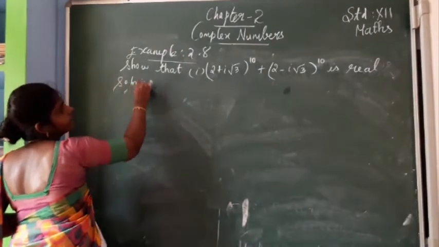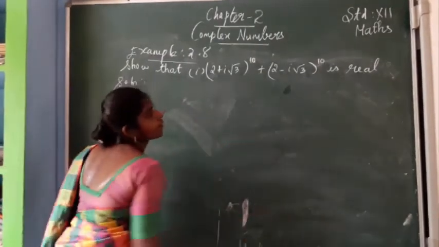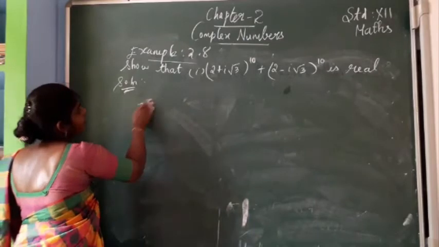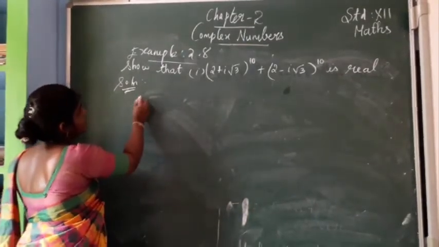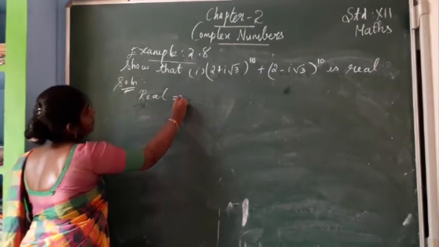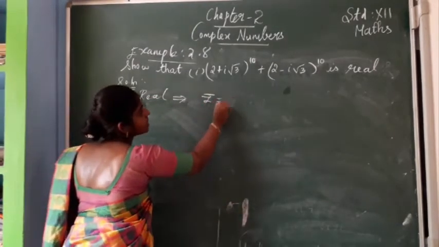Solution: so you have to find that this is real. For a real number we have the property: z bar is equal to z.